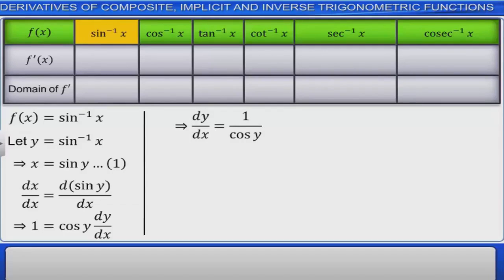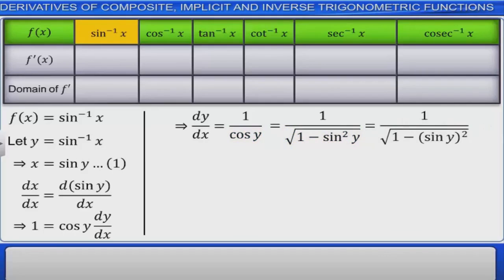Let's write cos y is equal to the square root of 1 minus sin squared y. On replacing sin y with x, we get 1 divided by the square root of 1 minus x squared. Therefore, dy by dx is equal to 1 divided by the square root of 1 minus x squared.